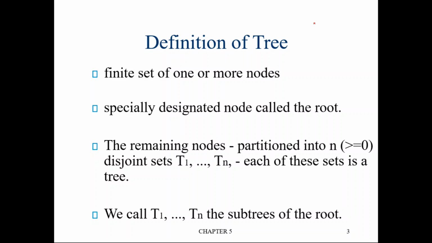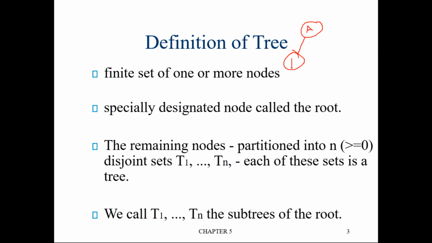A tree is a graph without cycles, but a graph is something which can have cycles.